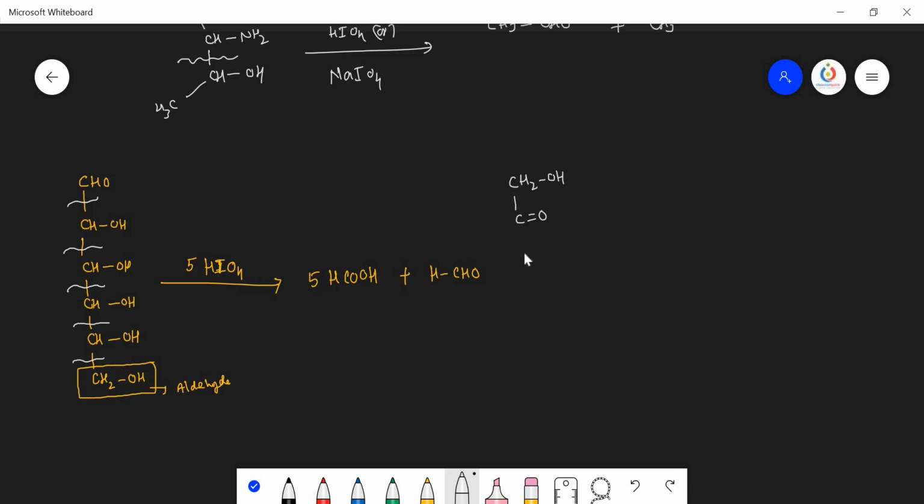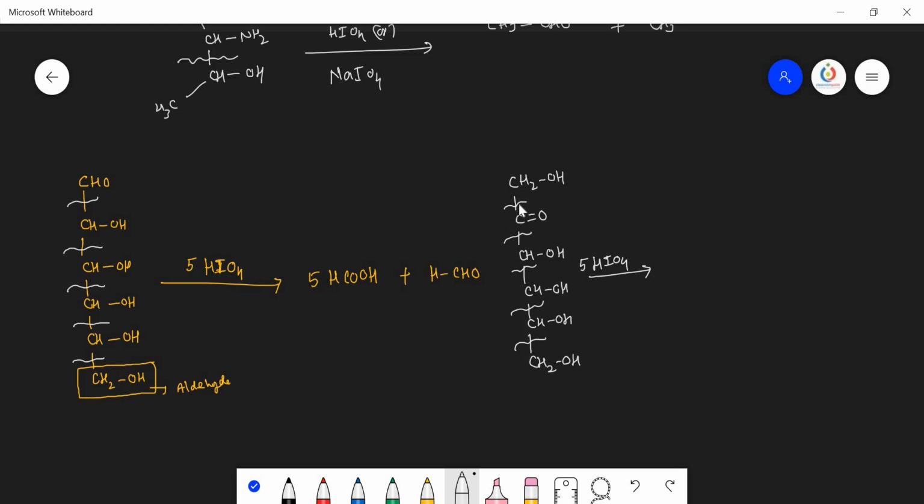Now let us take this fructose molecule also. CH2OH, C double bond O, CHOH, CHOH, CHOH, and last CH2OH. Subject it with the HIO4. Again you need to break 1, 2, 3, 4, 5 bonds, so that 5 HIO4 molecules are required. So when you are breaking these bonds, you have to observe so many things.